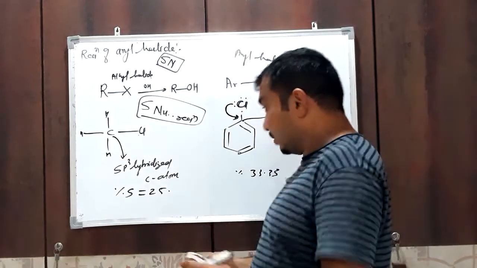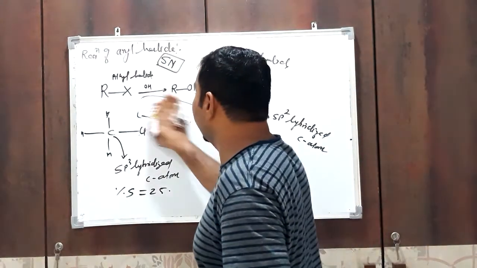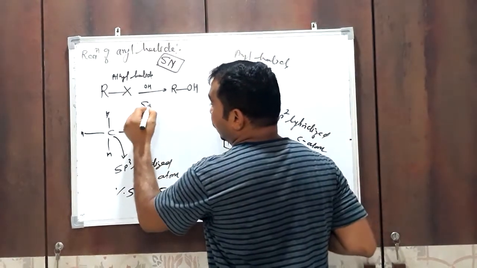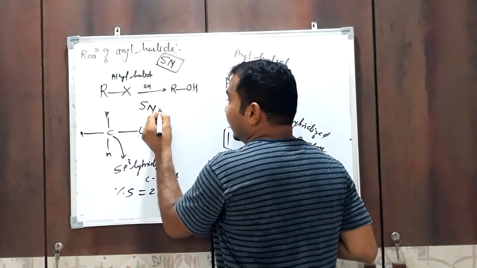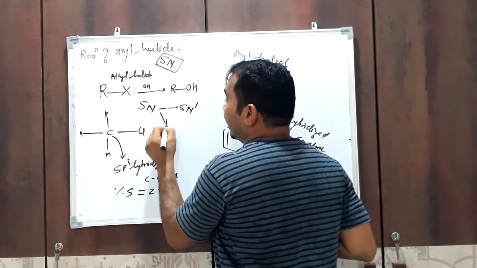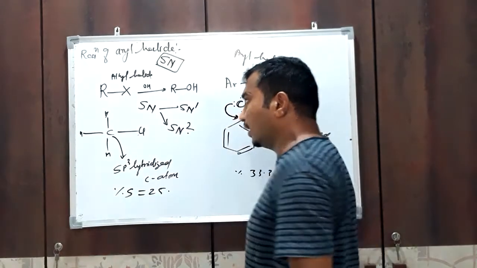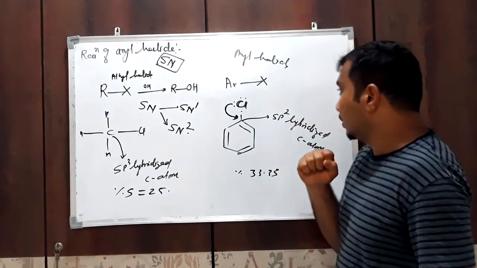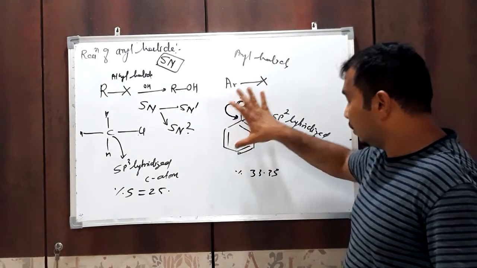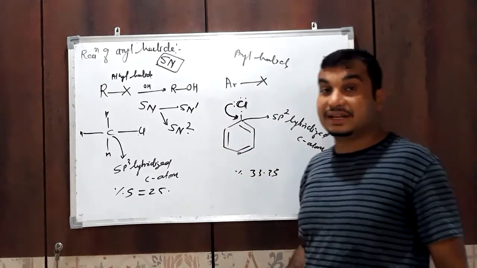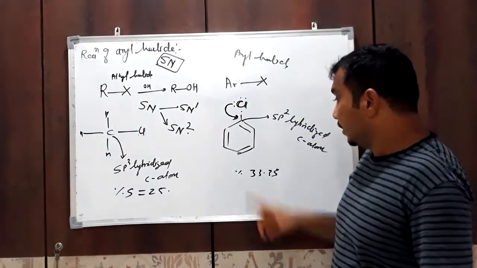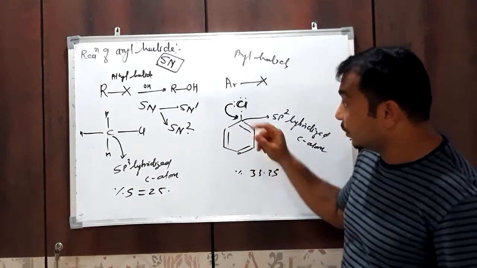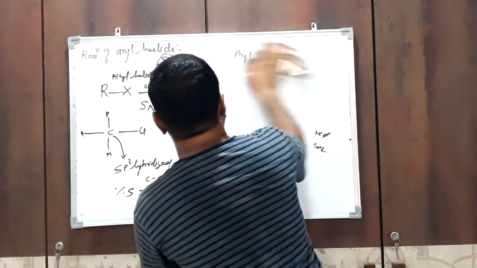Again, some more reasons. Alkyl halide undergoes SN reaction and follows the SN1 or SN2 mechanism, either one of them. But suppose aryl halide undergoes SN reaction, just imagine if this compound follows the SN1 reaction, then what happens?